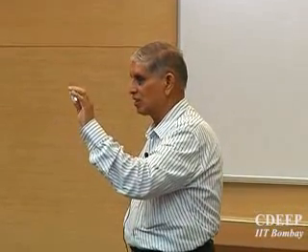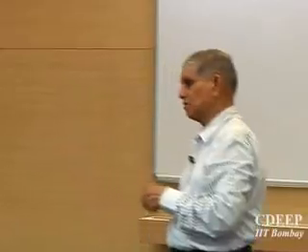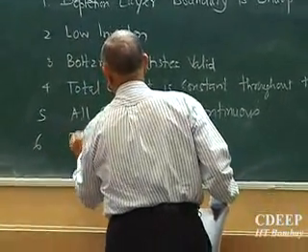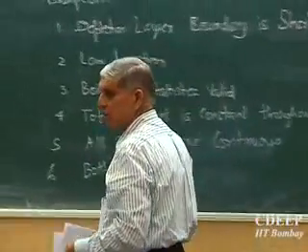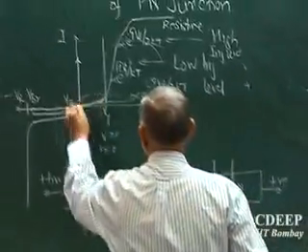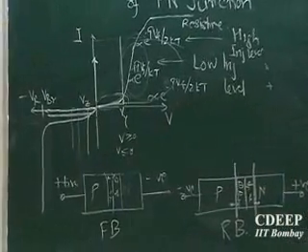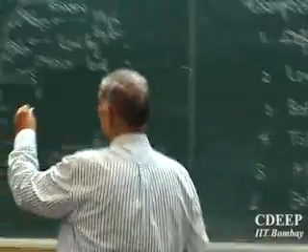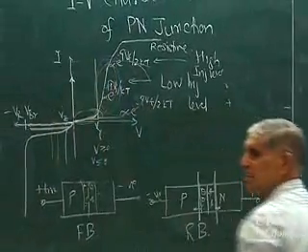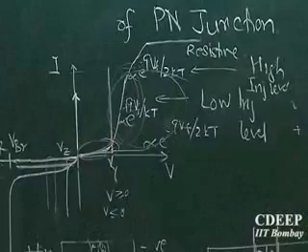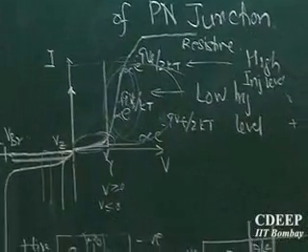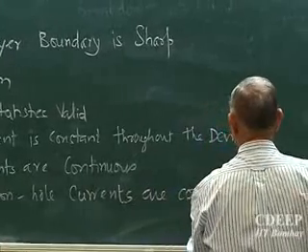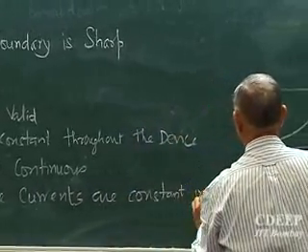Whatever is injected or received should be passed. We will modify this last assumption because otherwise some things cannot be explained. But initially, which area am I looking at? This area. Therefore, this assumption may be quite good. So both electron and hole current are constant in the depletion layer.